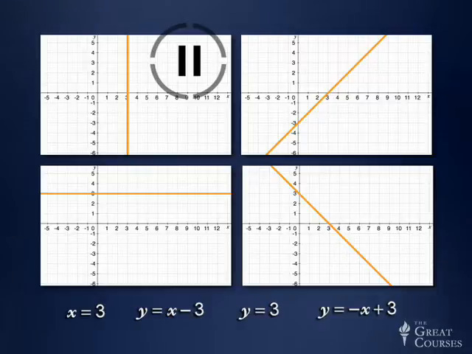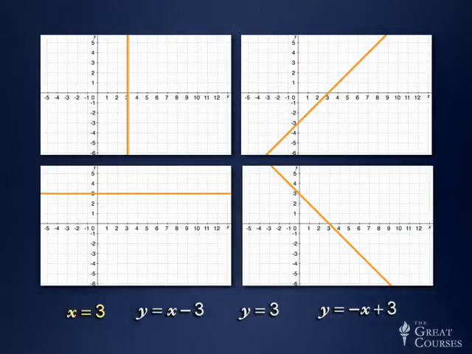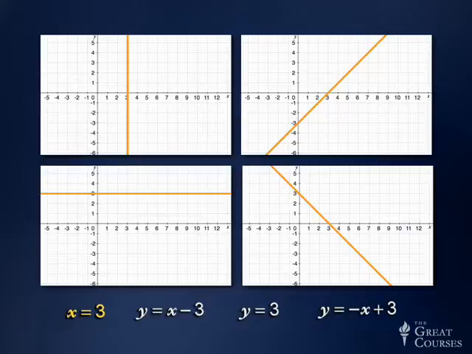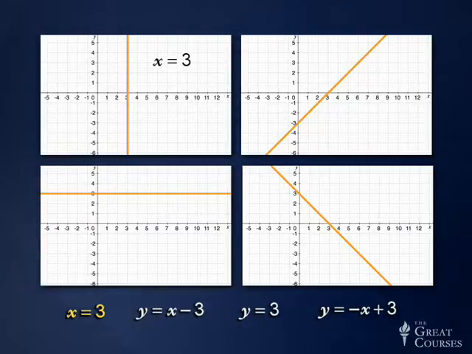Okay, now let's walk through those one at a time. First of all, x equals 3. What kind of a line do we get when we just have x equals a number? Well, in that case, you're actually going to have a vertical line, because if you think about it, all of the points that we go through have to have x equal to 3.